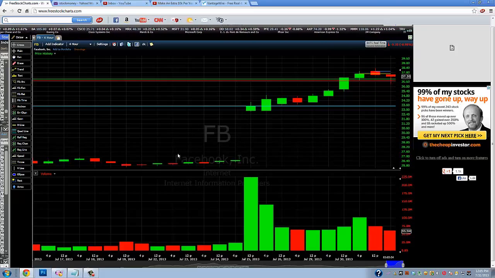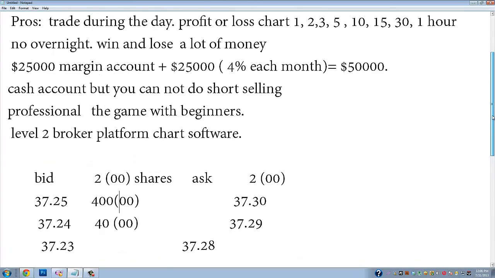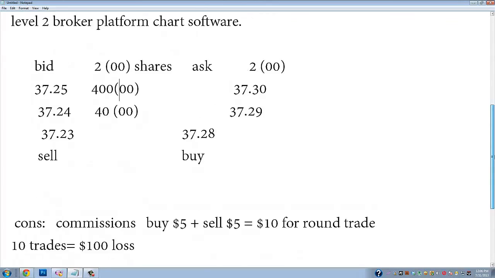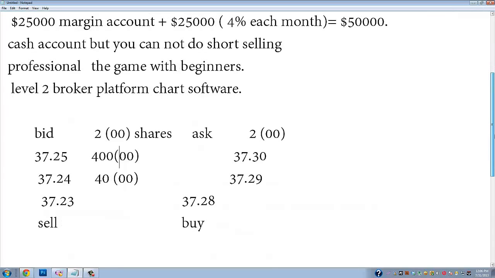So the conclusion I will tell you here is that you should always think about the type of trader you are. If you want to do day trading, the good thing is you will know whether you lose or win, and you will see your money in the account at night.